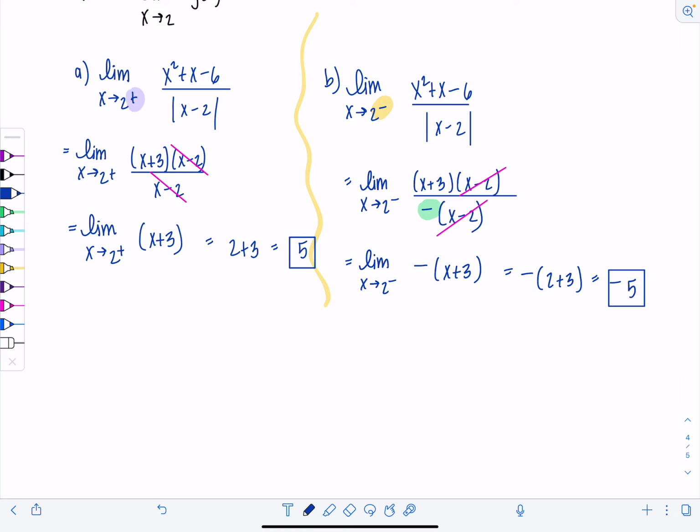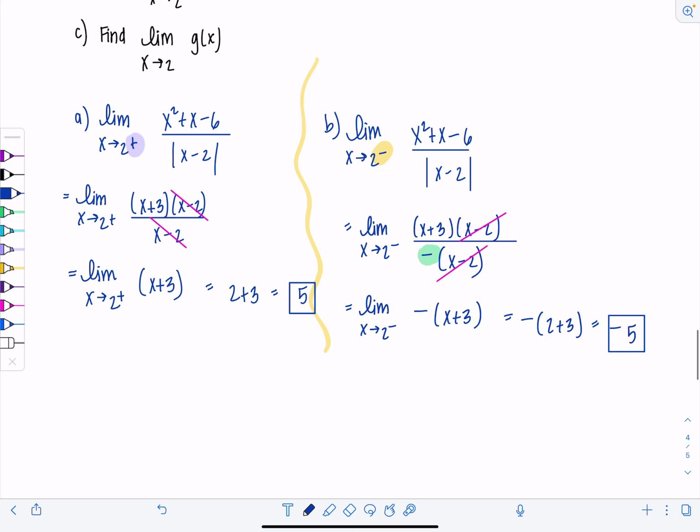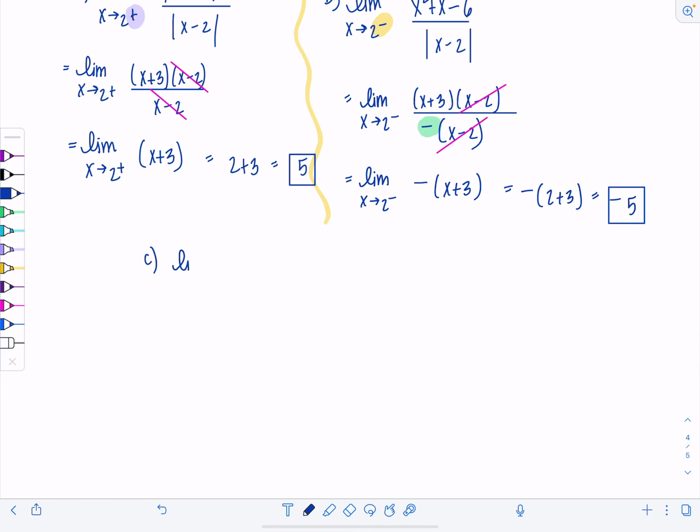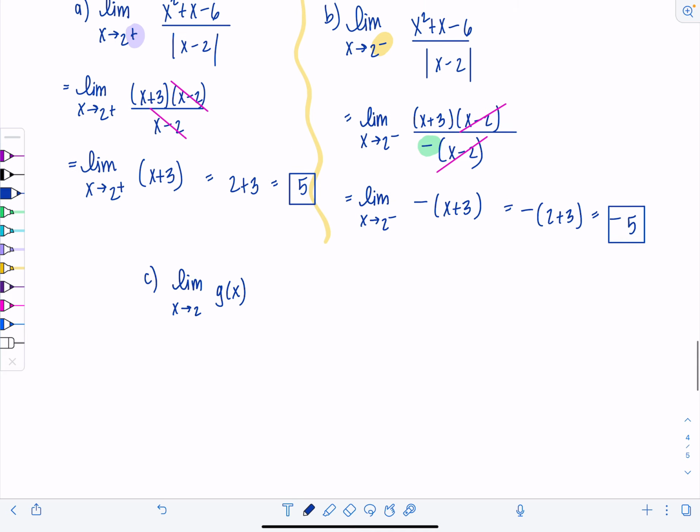Now, the last part asked for, part C, the limit as x approaches 2 of g of x. So the limit as x approaches 2, and now they're not saying from which side we're approaching. So if they're not saying from which side, then they better be the same. That way they don't have to specify. That's how I think about it. So you check. Were the limits from the right-hand side and the left-hand side equal? No way.